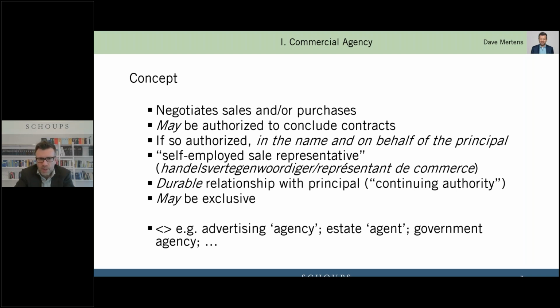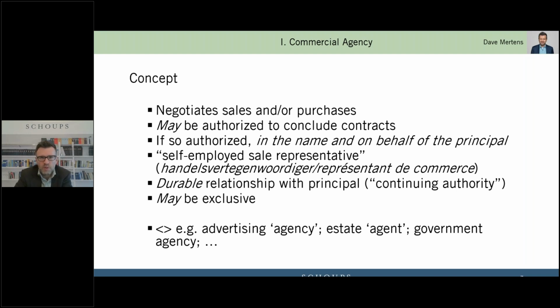As soon as this agent actively intervenes in the origin of this contract, goes with an offer to a customer, for instance, even if this offer has been completely pre-written by the principal, this legal entity will likely be an agent and not some service provider without being an agent. The only exception is pure promotion.